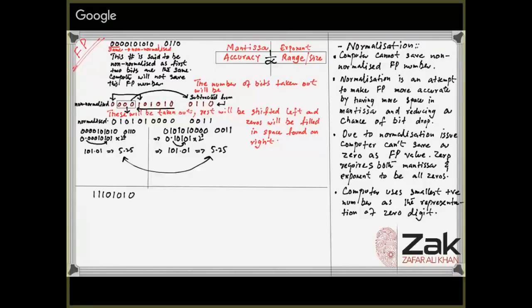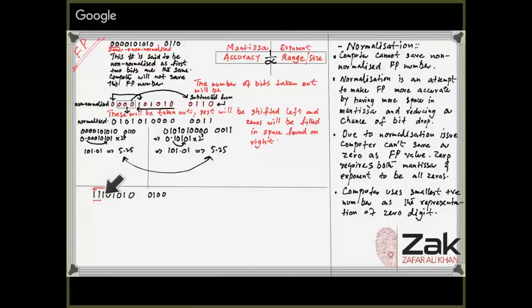Okay. Try solving this number. Tell me what this number is. This is a negative number. So first you have to mark the first bit and the different second bit, which is this.